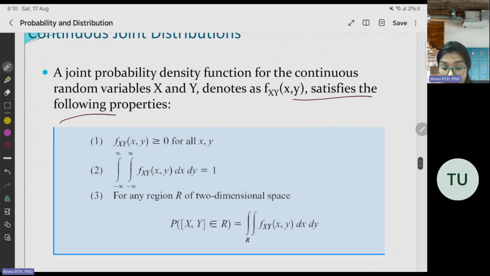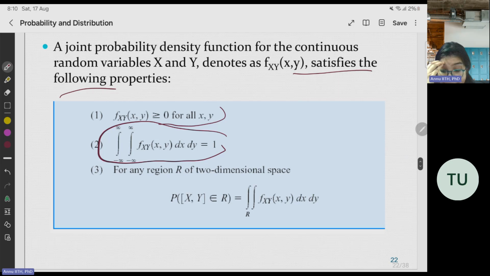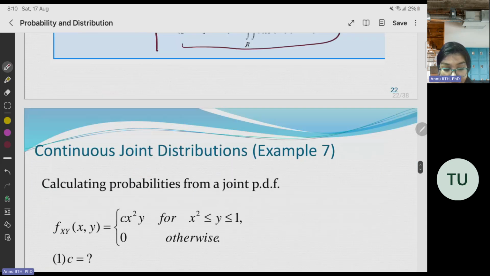F of xy is greater than or equal to 0 again, and the area under both the integration should be equal to 1. And also, for any region, the probability that it belongs to a particular region is the integral of f of xy dx dy over that region. Okay.